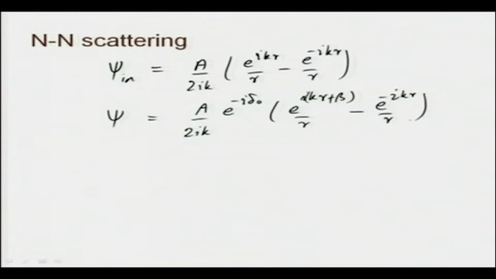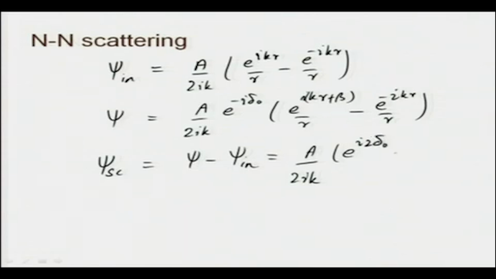And if I now consider the scattered wave function as psi minus the incident wave function, that will amount to A over 2 i k, e power 2 i delta 0 minus 1, times e power i k r over r.